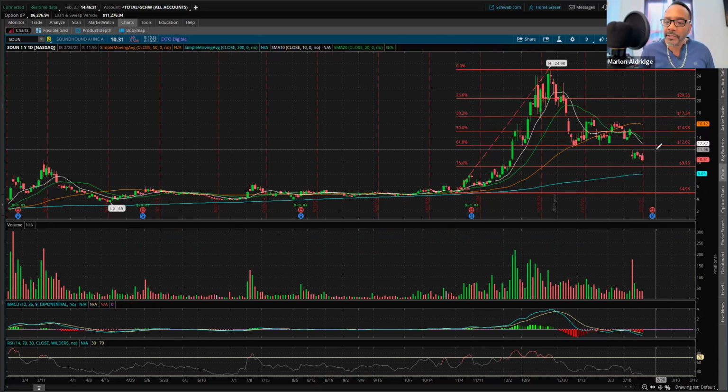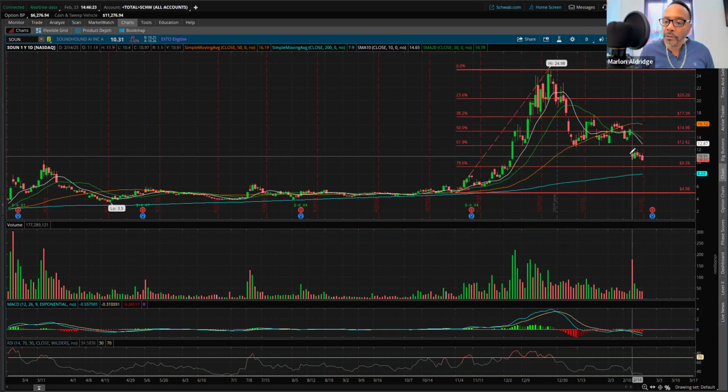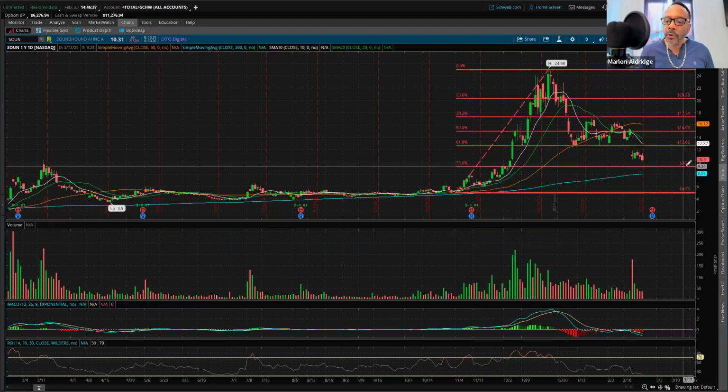In this particular case, they would have ended up losing because now it looks like it's headed toward the 78.6% level. So those of us that are cautious may say that, hey, when the price hits $9.26, I'm going to buy.